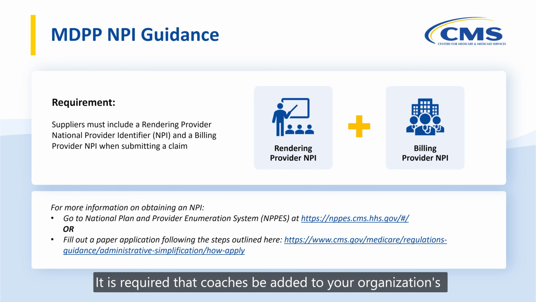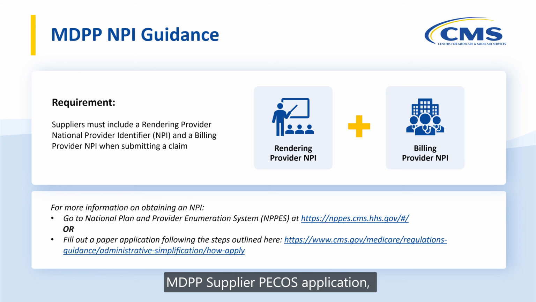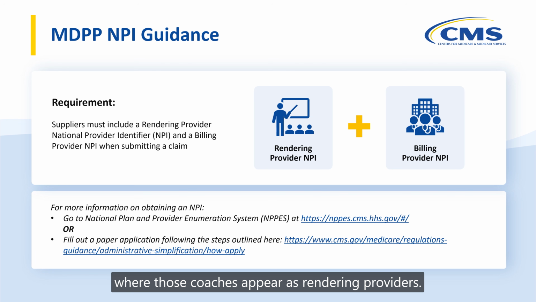It is required that coaches be added to your organization's MDPP supplier PACOS application, that is, to the coach roster, before submitting claims for MDPP services where those coaches appear as rendering providers. The billing provider or supplier or organization NPI corresponds to your organization's NPI.